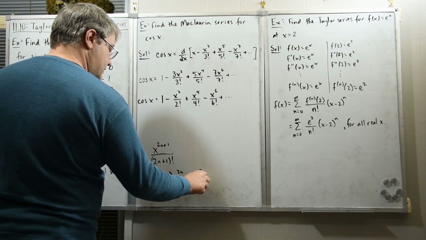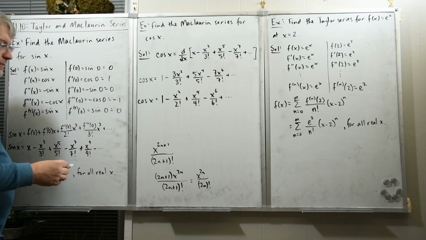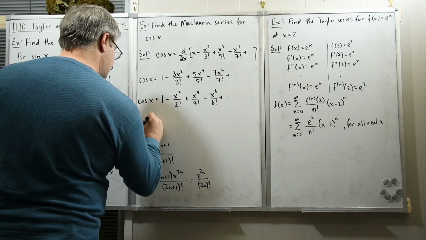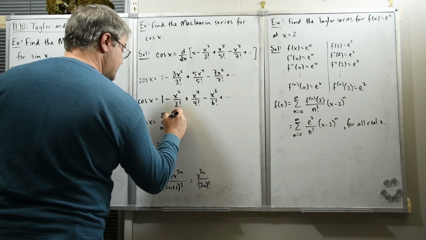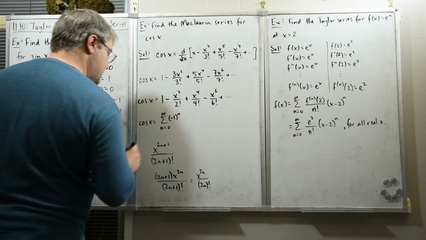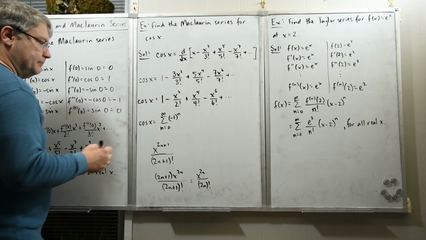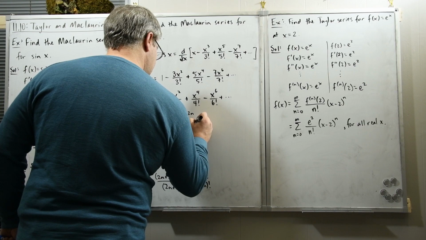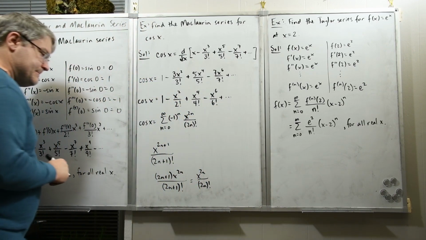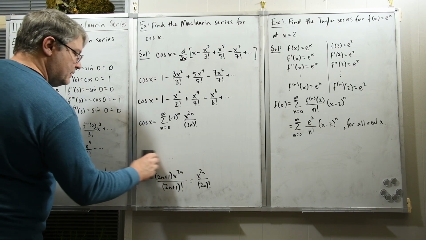You'll have an x to the 2n over 2n factorial. So that means that we can represent our cosine of x as a summation n equals 0 to infinity. We still have the sign change mechanism, so we don't want to forget about that. But we'll have a negative 1 raised to the n, and then times x to the 2n over 2n factorial. So that's our Maclaurin series for cosine of x.